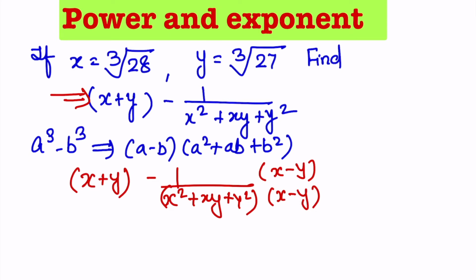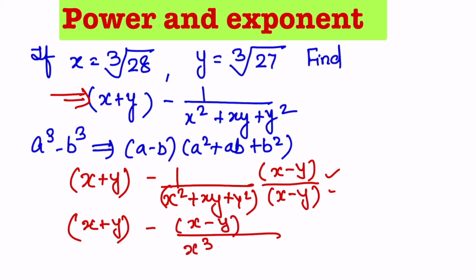So let us multiply and divide numerator and denominator by x minus y. So our question will become x minus y upon x cube minus y cube.